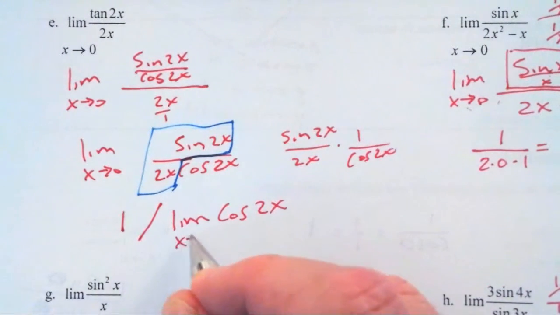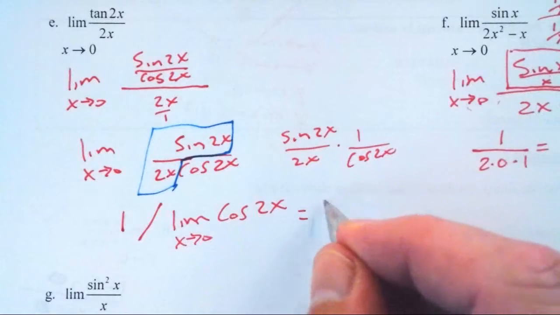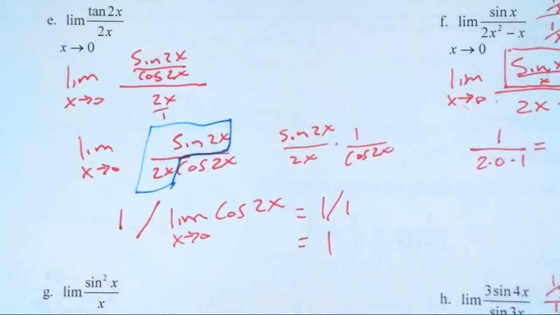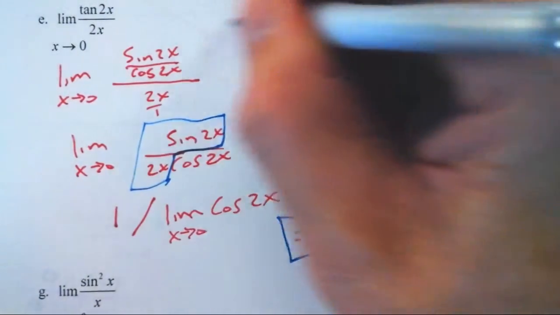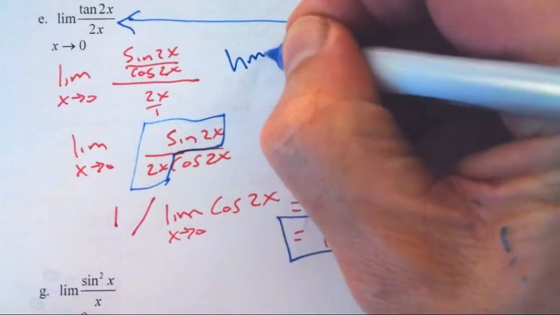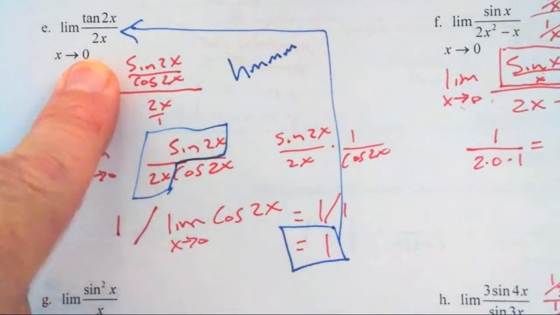Now this is as x approaches 0. What is cosine of 2 times 0? Cosine of 0 is 1. So 1 on 1 or 1. Now's a good time to become a scientist. Let's see, I ended here. I started there. I wonder if tangent follows the same rule as sine.